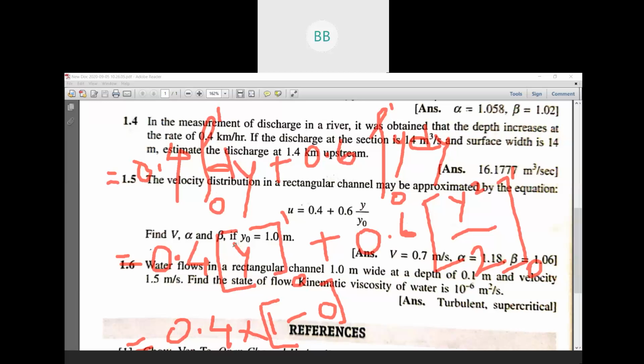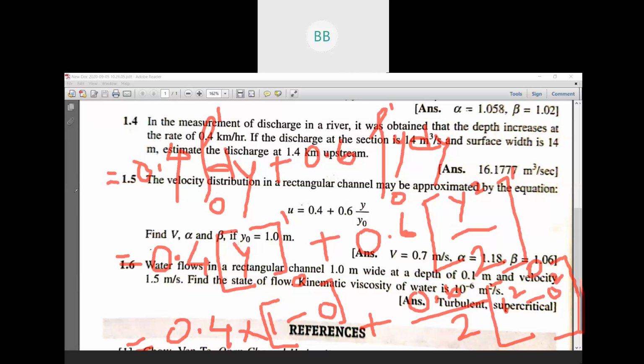Our lower limit is 0, so 1 minus 0 is again 1, and this part will be 0.4. Plus 0.6, bring it out, then substitute the limits: 1 square minus 0 square. 1 square is again 1.